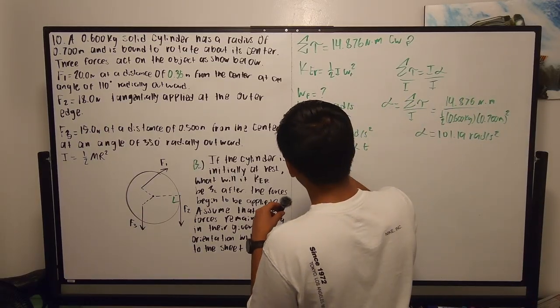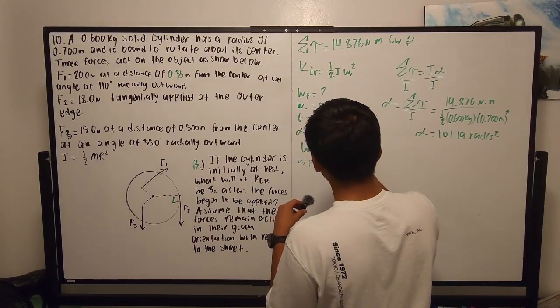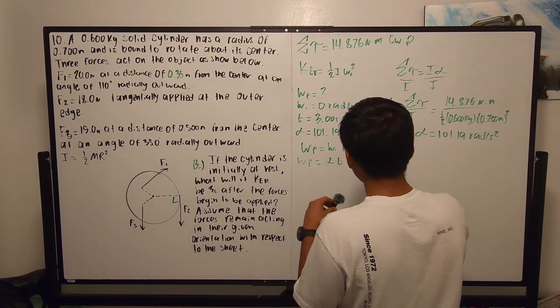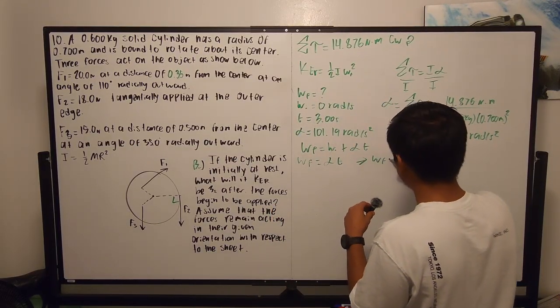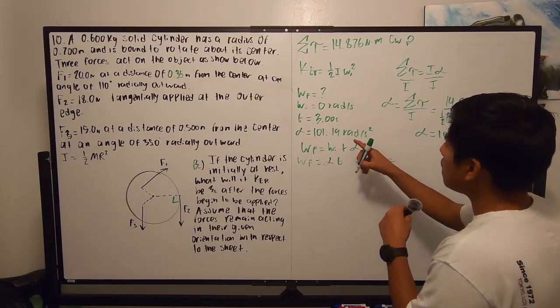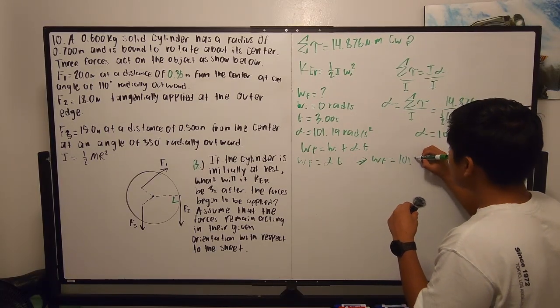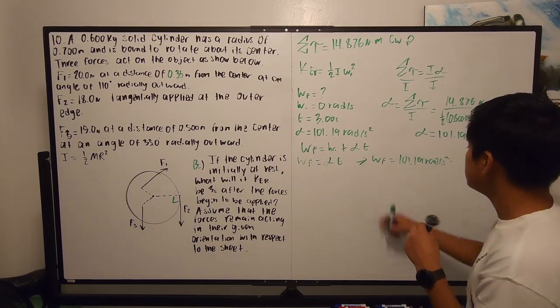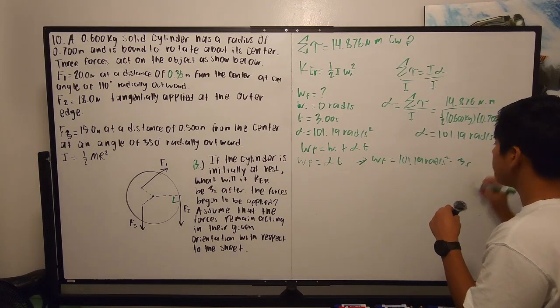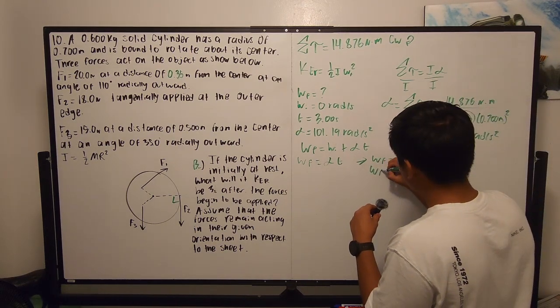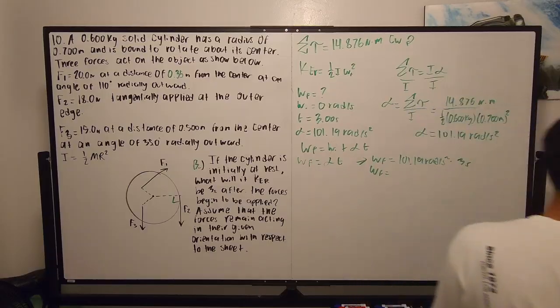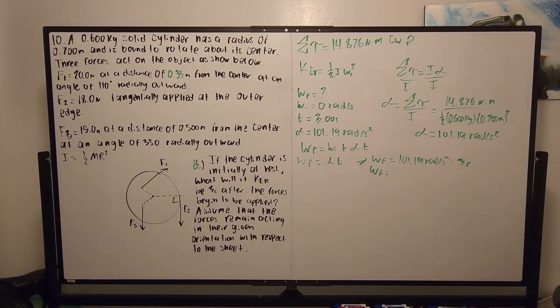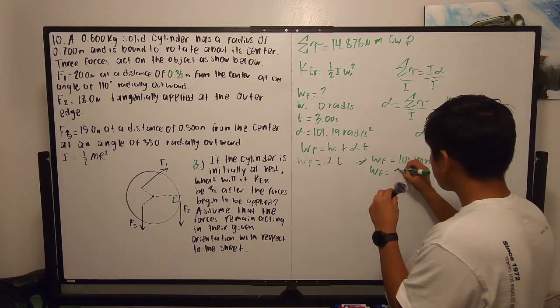So omega final is equal to alpha multiplied by time. Plugging in our values, omega final is equal to 101.19 radians per second squared, multiplied by 3 seconds. We get that omega final is equal to 303.59 radians per second.